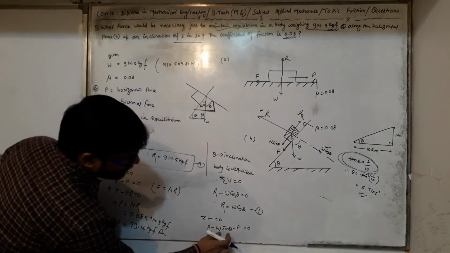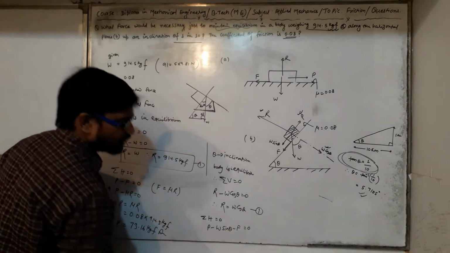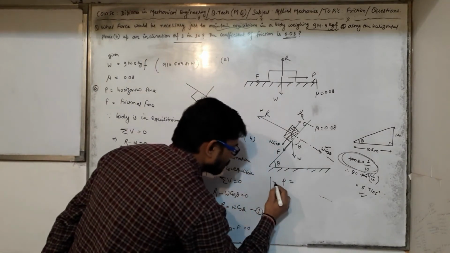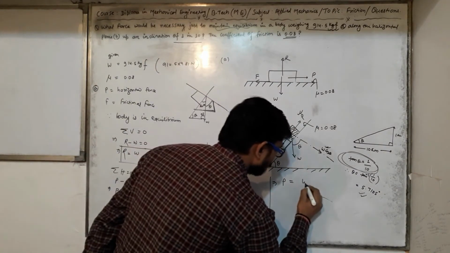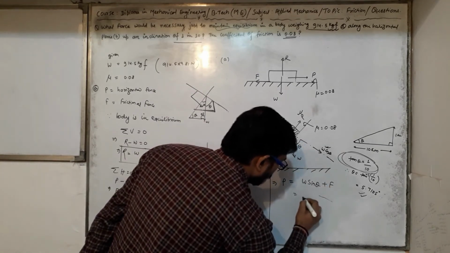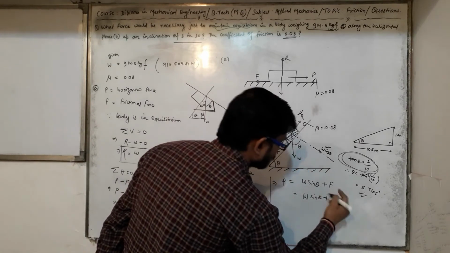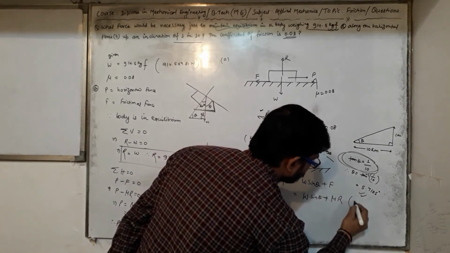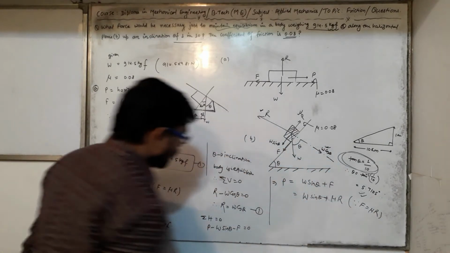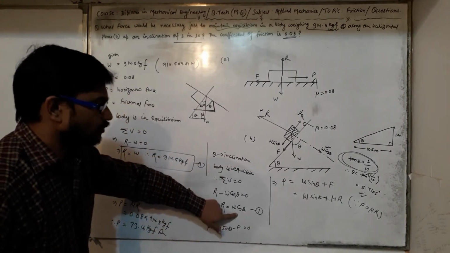Now if I transpose W sin theta and F to the right hand side, then P equals W sin theta plus F, and F is the frictional force, mu times normal reaction. Okay, and now for the normal reaction R, can I use the value W cos theta?